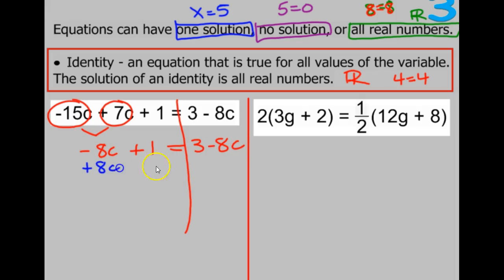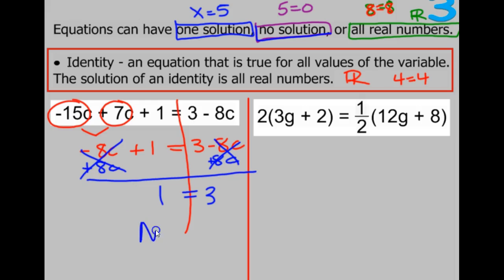Subtract, so we're going to add 8c. 8 minus 8 is 0, so the c's are gone, and we have 1. These c's are gone, we have 3. Well, 1 does not equal 3, so this would be no solution. Right there in the middle.